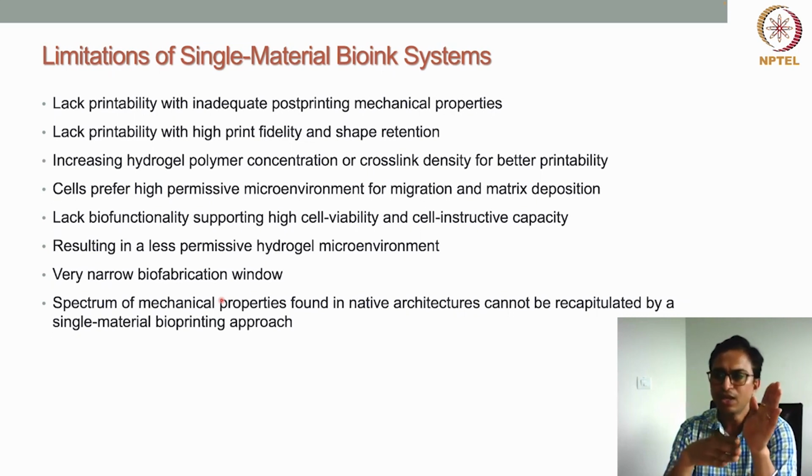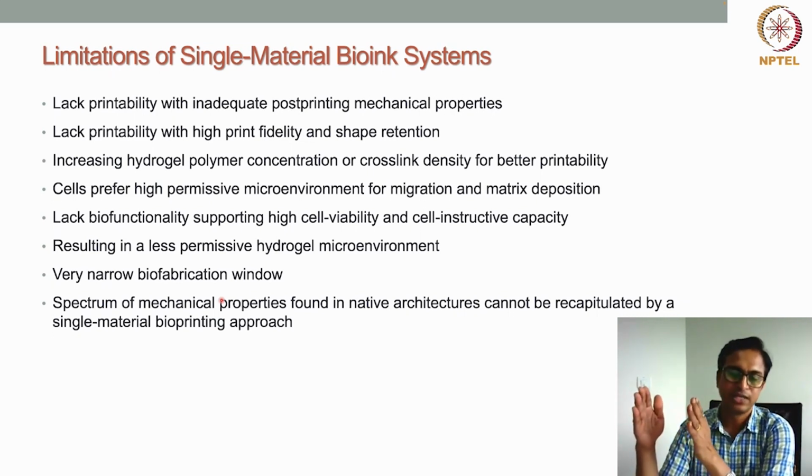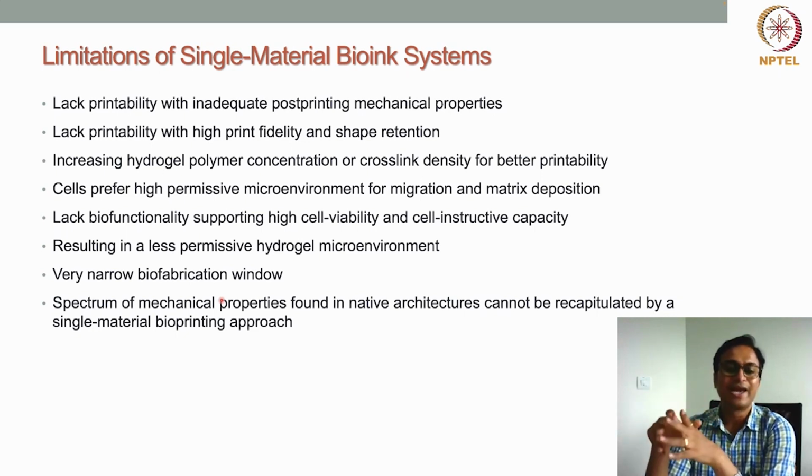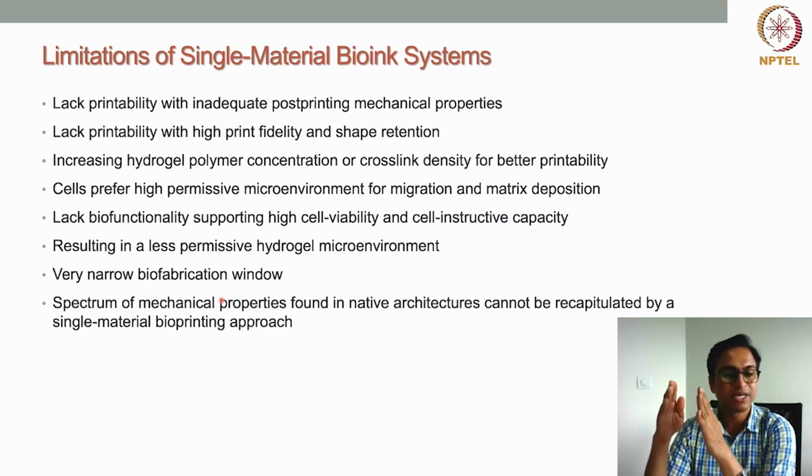On the other hand, if you increase the polymer concentration to a very high extent, the viscosity will increase, and probably your printability will also improve. Your print fidelity, post-print shape retention and mechanical properties can improve further, but that kind of stiffer microenvironment is not great for cells.